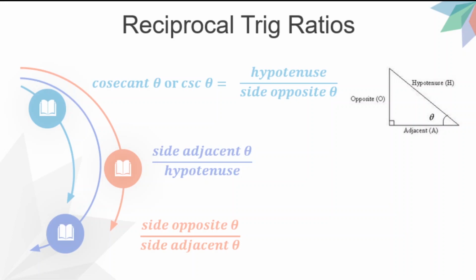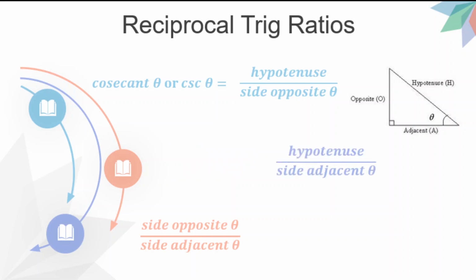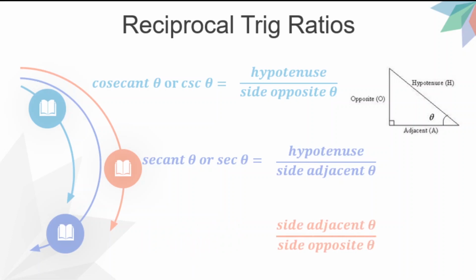Cosine is the side adjacent to theta divided by the hypotenuse, so its reciprocal is the hypotenuse divided by the side adjacent to theta, what we call secant. And tangent, which is the opposite side over the adjacent side, will be the adjacent side divided by the opposite side, or what we call cotangent.